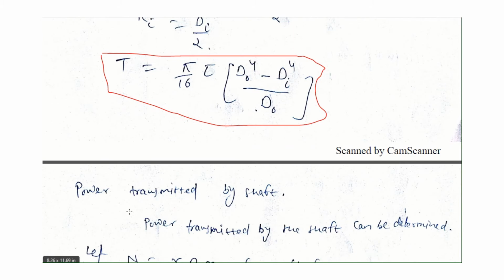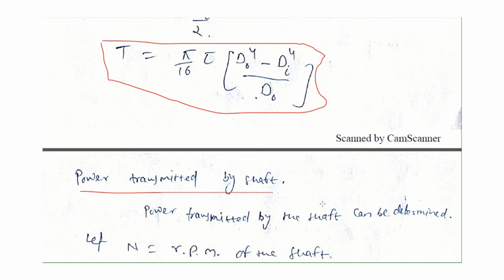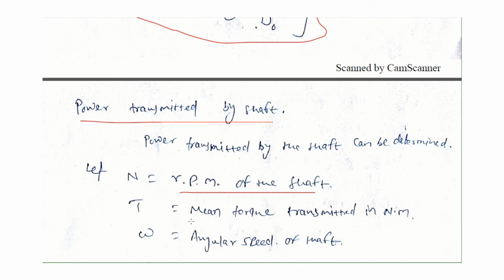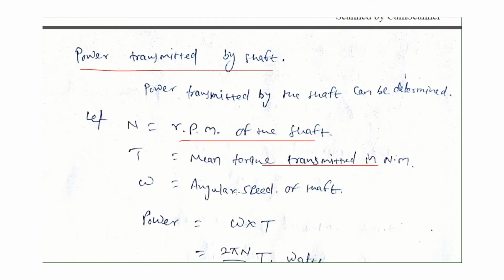Now next is the power transmitted by the shaft. To determine the power transmitted, here N is the rotation per minute of the shaft, T is the torque transmitted in newton meter, and omega is the angular speed of the shaft.